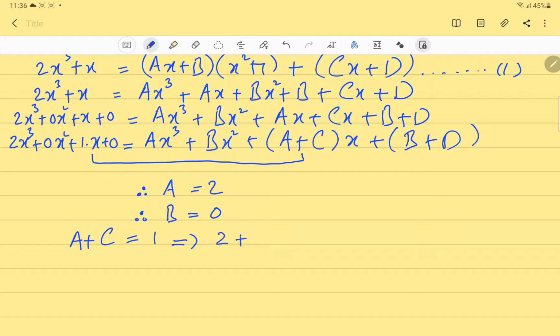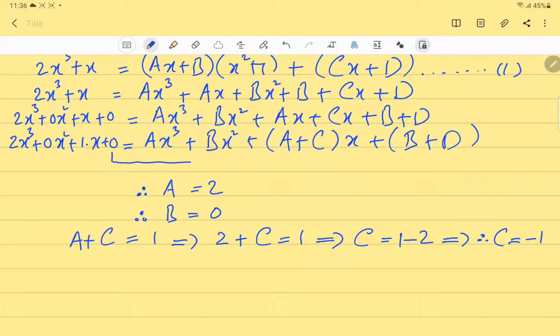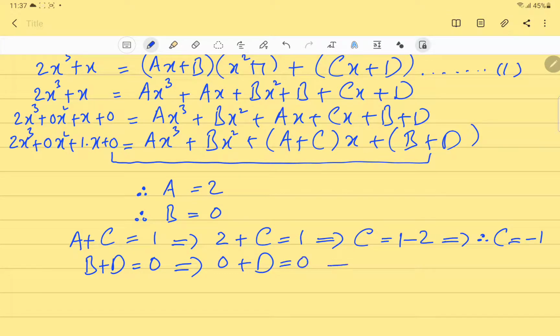We have the value of a as 2, which means c is equal to 1 minus 2, c is equal to minus 1. Then we compare the coefficients of the terms which are without x. This will give us b plus d is equal to 0. We have the value of b as 0, which means d is also 0.